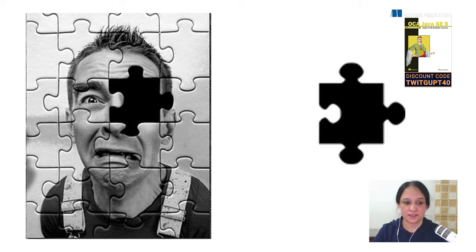Option 3 is the right answer. So what did we do here? I showed you a puzzle and then the missing piece, and depending on the shape of the missing piece that was shown to you, you were able to pick up the right option. And this is what the type inference for local variable is with using var.